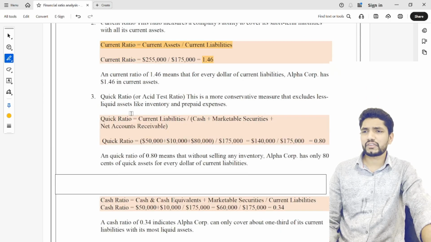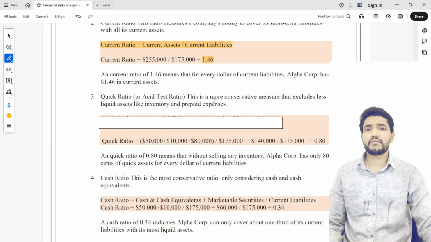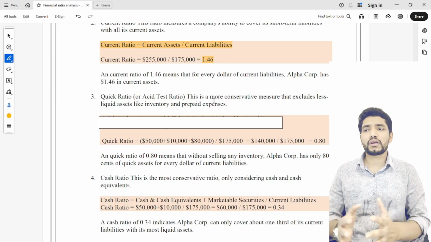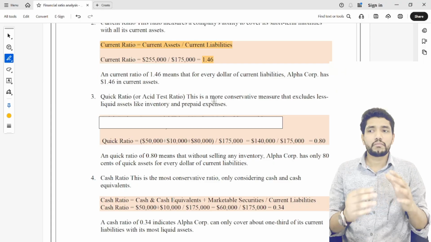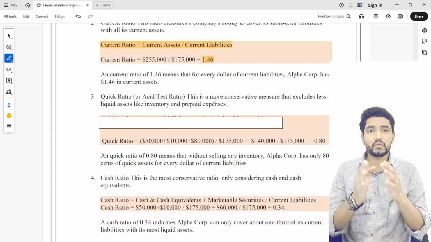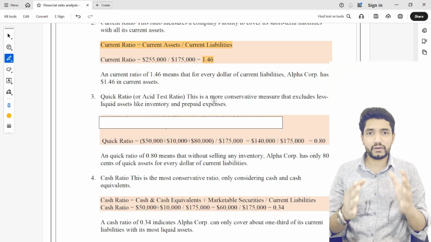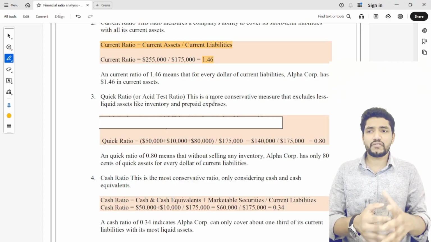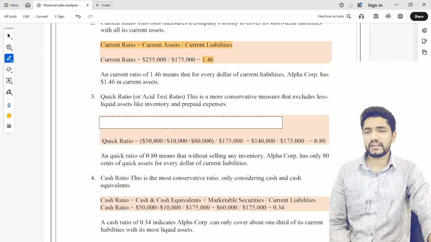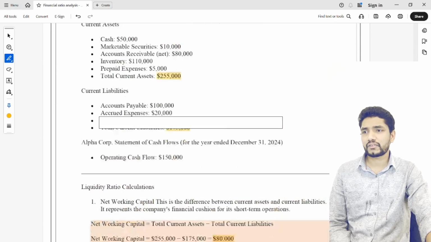So the quick ratio, or acid test ratio, is a more conservative measure than the current ratio, because in the quick ratio we are removing inventory and prepayments from the total current assets to calculate the quick assets. And only that quick asset we are using; the quick ratio is quick assets divided by current liabilities. So in this example, we can go into the asset list to see the quick assets.